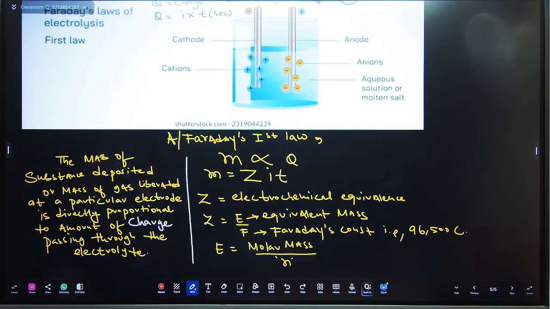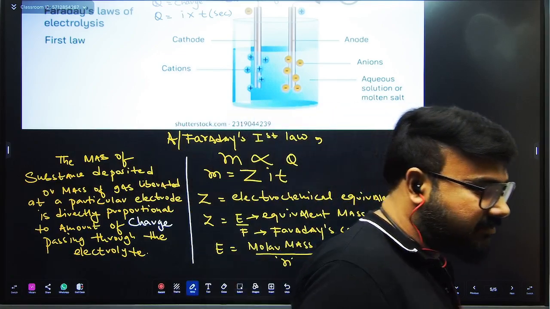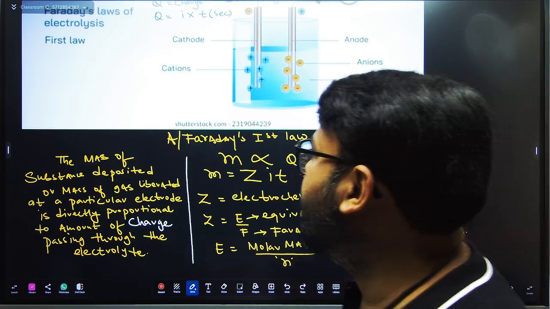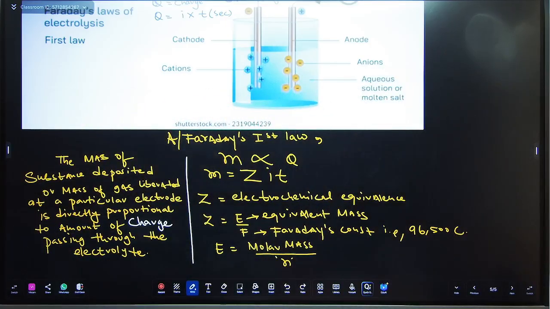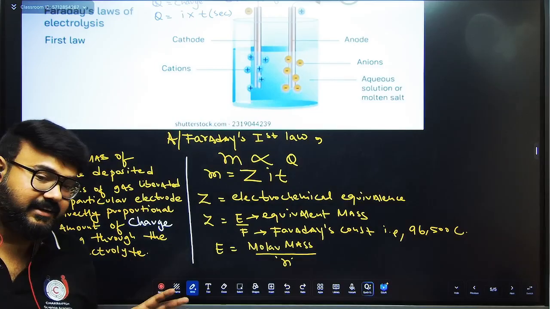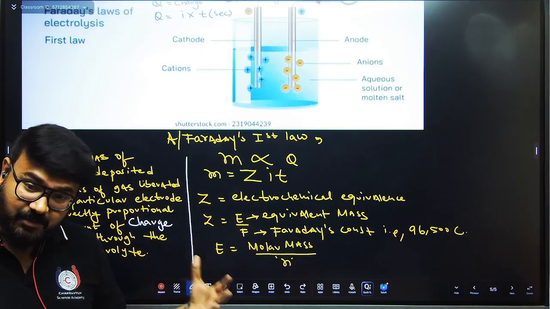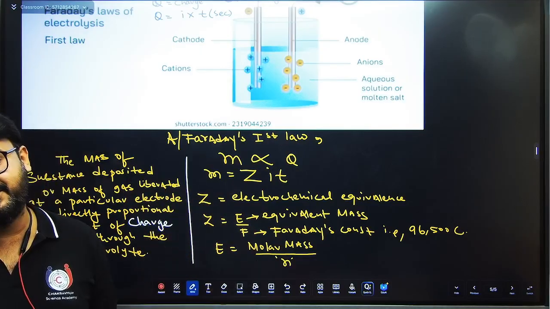Ruhan, any doubt or difficulty in understanding the first law? Neha, Ridhima, all of you kindly confirm. Okay. So Sashank, understand, whatever charge you put, that much equivalent amount of mass will get deposited at the electrode.